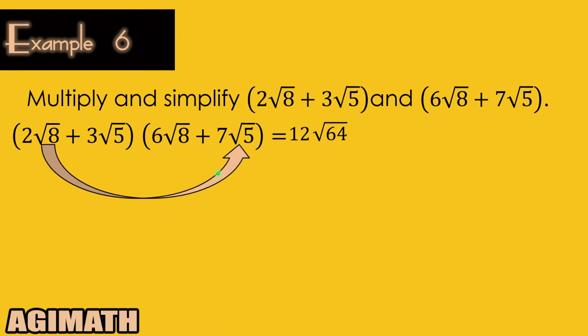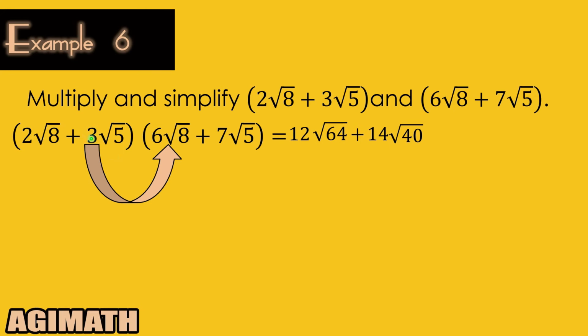Then we proceed. The outer, 2 square root of 8 times 7 square root of 5. Again, multiply the coefficients first. 2 times 7 is equal to 14. And then since the order is the same, index 2, multiply 8 and 5. So we can have square root of 40. After that, we can proceed with the next terms, the inner terms.